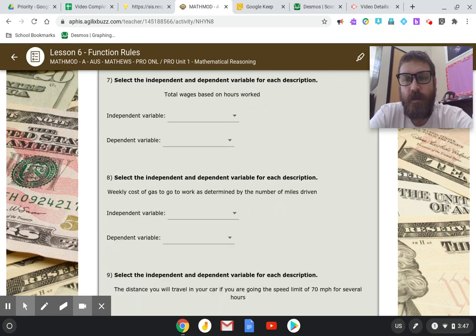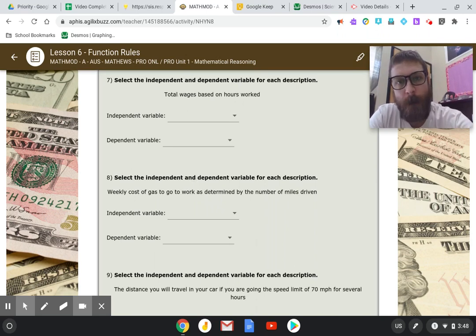It might be something to do with how many times you did something. And here, like for instance, number 7, total wages based on hours worked.